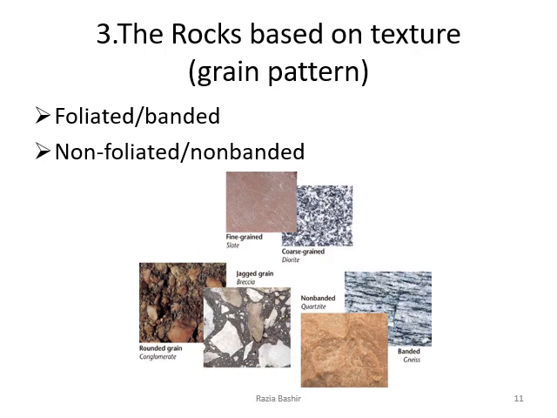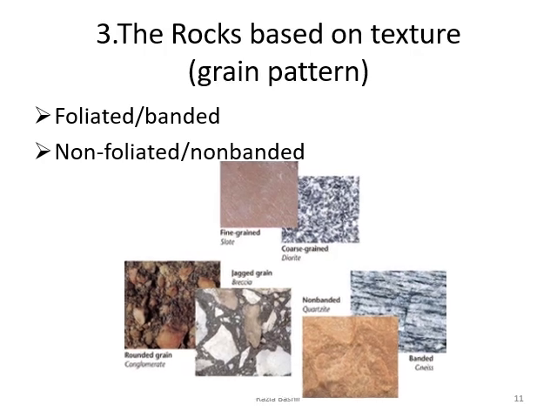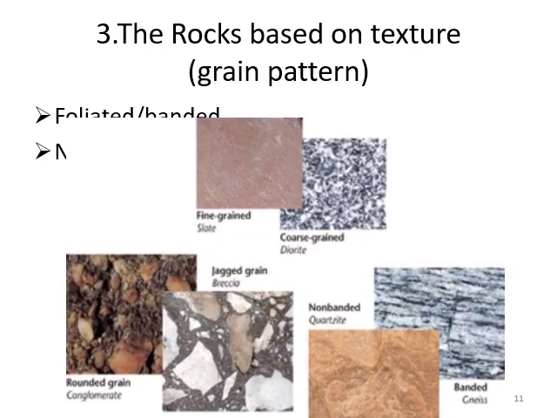These are known as non-foliated or non-banded rocks. Most metamorphic rocks occur as foliated or non-foliated rocks. It depends upon the pressure and heat which is put on the rocks. Quartzite in this picture is an example of a non-foliated or non-banded rock.